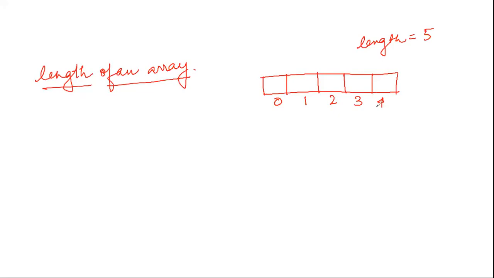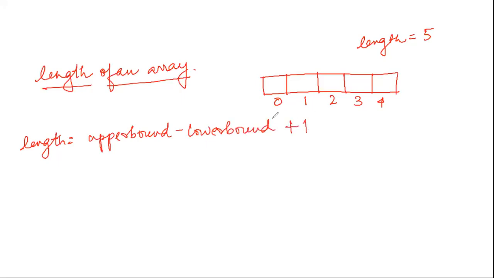So the last index plus 1. The formula is generally written as upper bound minus lower bound plus 1. My upper bound is 4, my lower bound is 0.